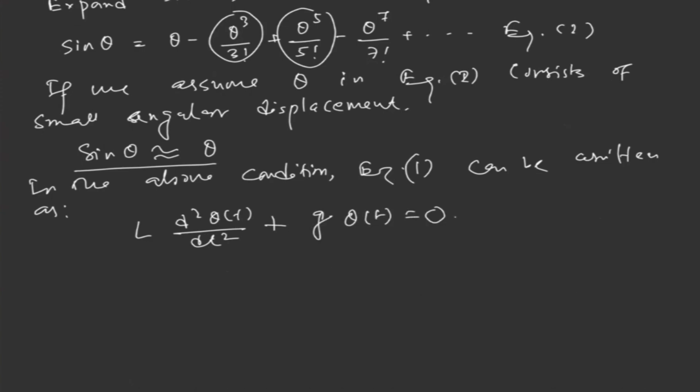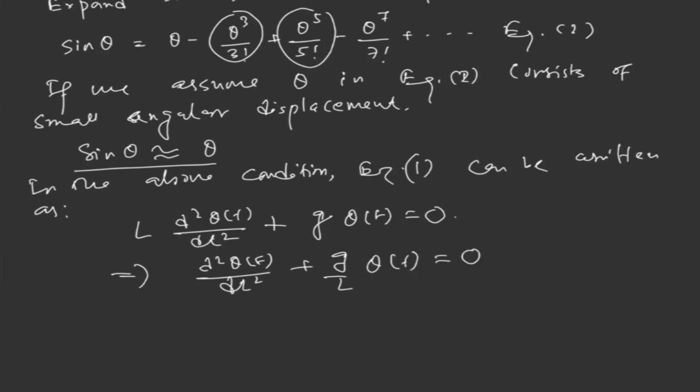And this is basically a second order ODE. Further we can write d square theta of t by dt square plus g by L theta of t equal to 0.